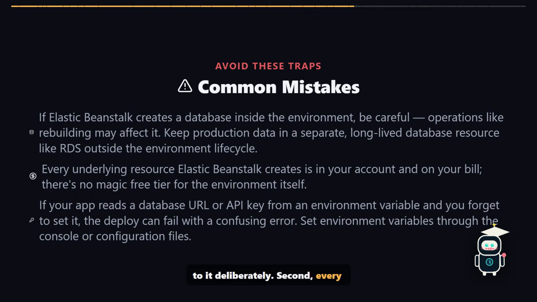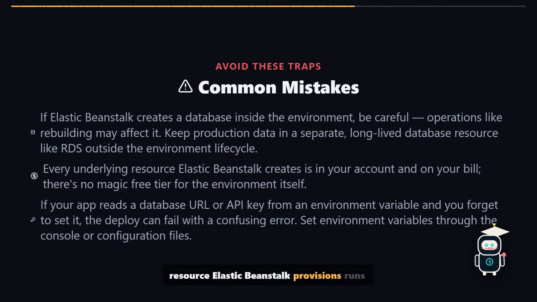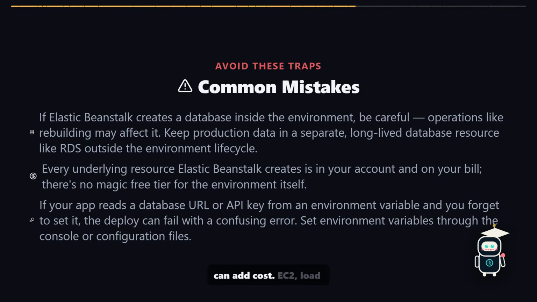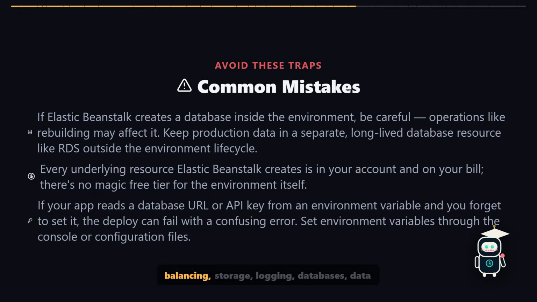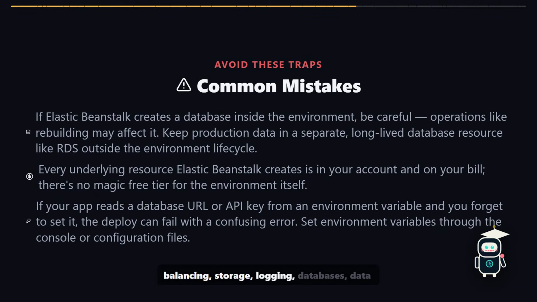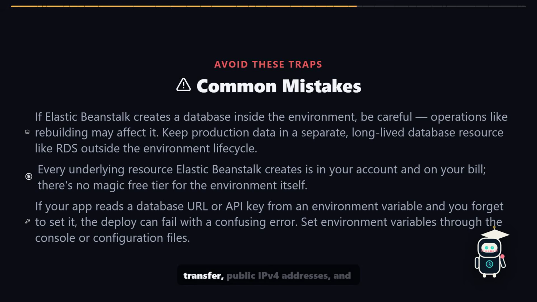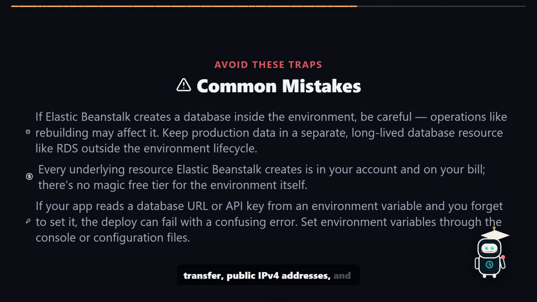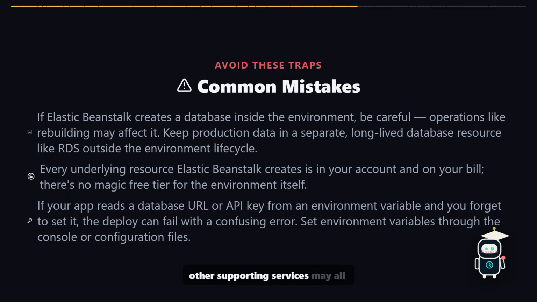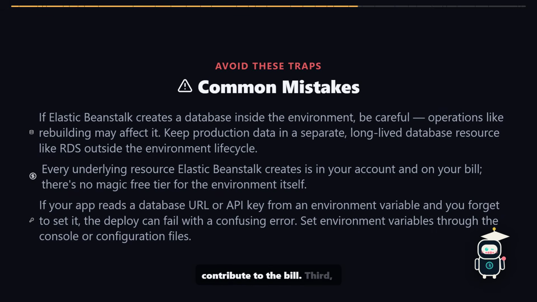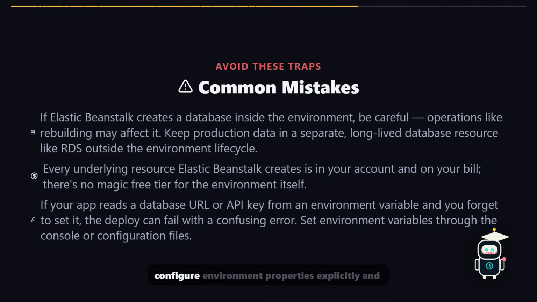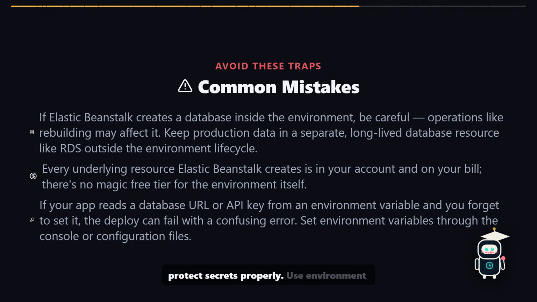Second, every resource Elastic Beanstalk provisions runs in your AWS account and can add cost. EC2, load balancing, storage, logging, databases, data transfer, public IPv4 addresses, and other supporting services may all contribute to the bill. Third, configure environment properties explicitly and protect secrets properly.